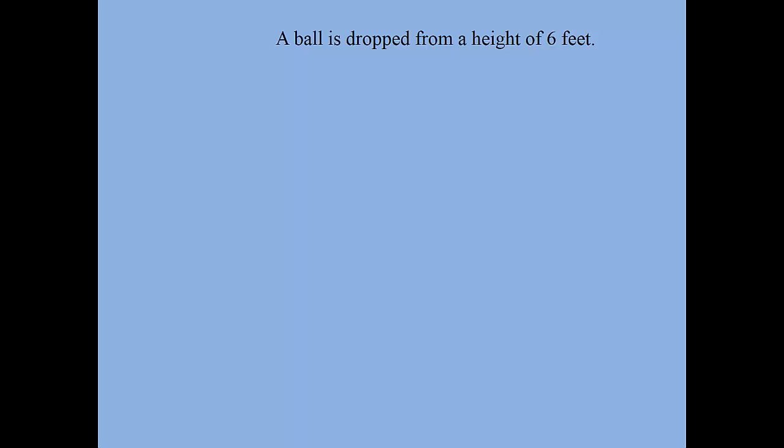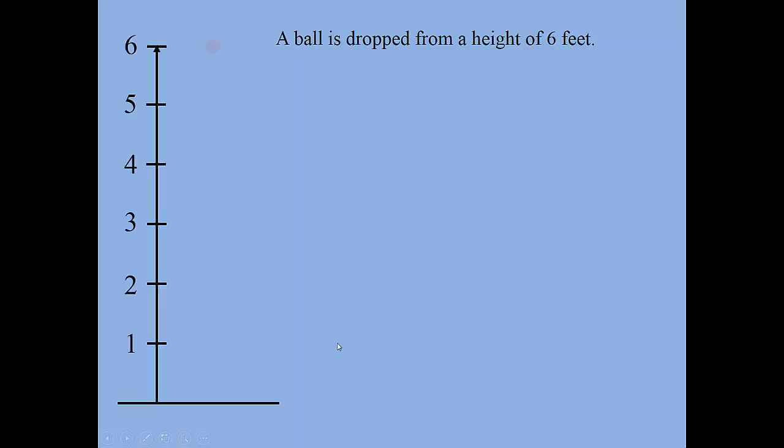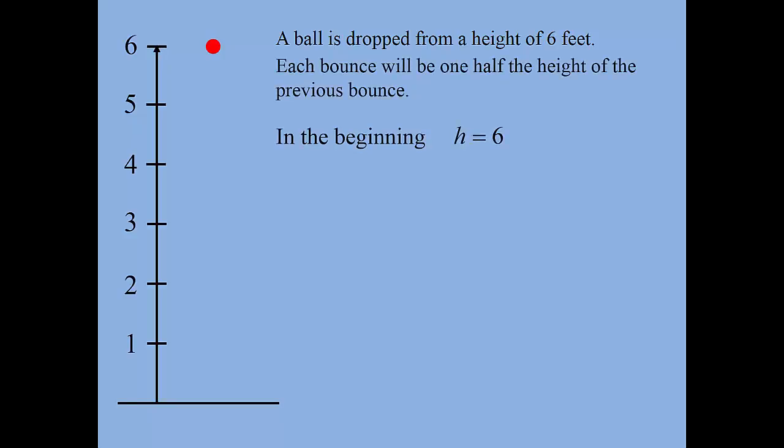Now finally, I wanted to go through a problem like on the homework involving the dropping of a ball. And so this is what the homework problem looks like. We have a ball, and we're going to drop the ball from 6 feet, and we're going to be told that the ball bounces half its height on each bounce.